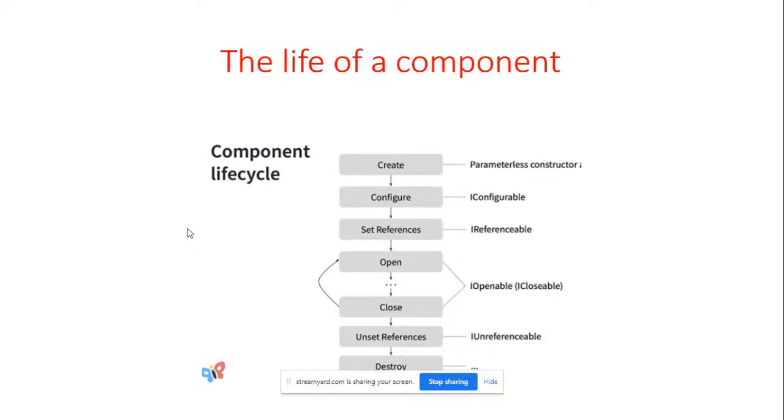Similarly, the set references step, where you define all the references to your dependencies, is defined by the IReferenceable interface. Each of them has a specific method; for example, the IConfigurable interface has a configure method.